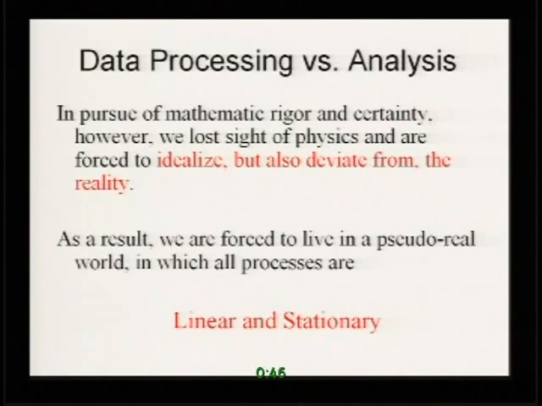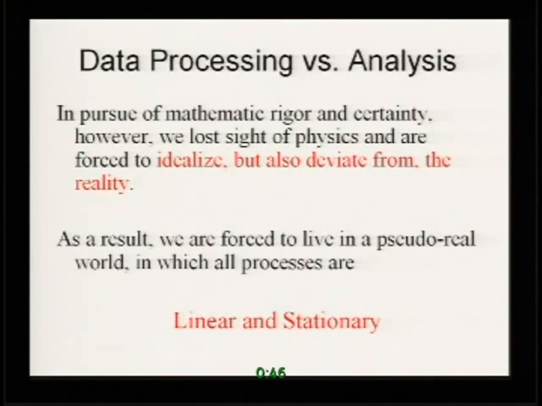And when you look at the way mathematicians do their research, they are very impressive. They're so rigorous. So we most likely will try to emulate them, try to follow their example. So in pursuit of rigor and certainty, however, we lost sight of physics.